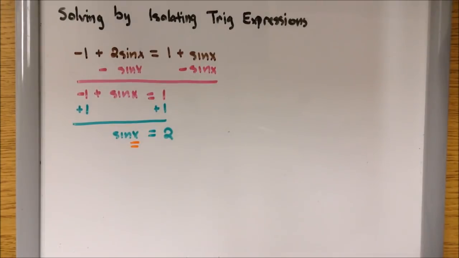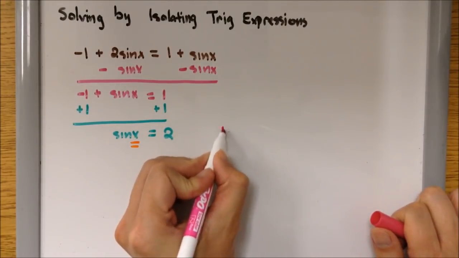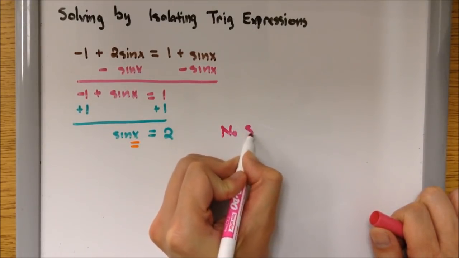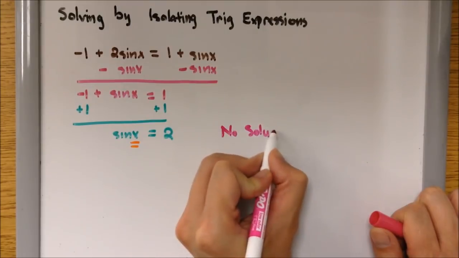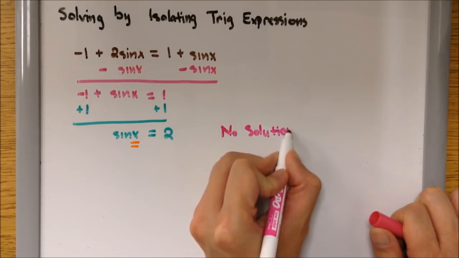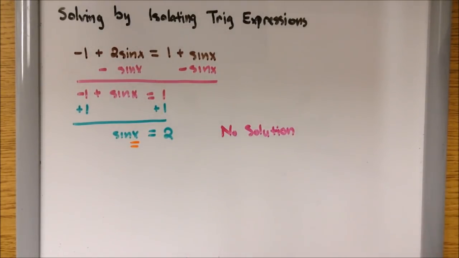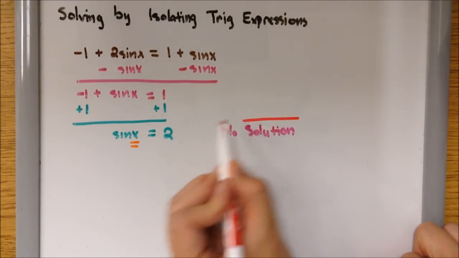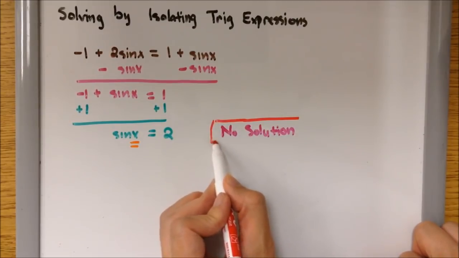So the only thing you can do is say no solution. As you take a look at the unit circle from your notes, you cannot find an angle measure where sine of x equals 2. So that's why we have no solution, and that's all you would have to write as your final answer: no solution.